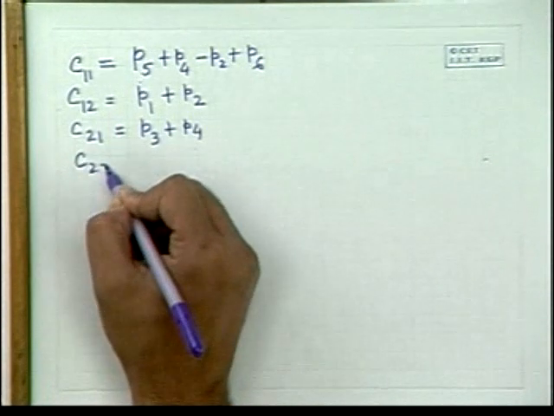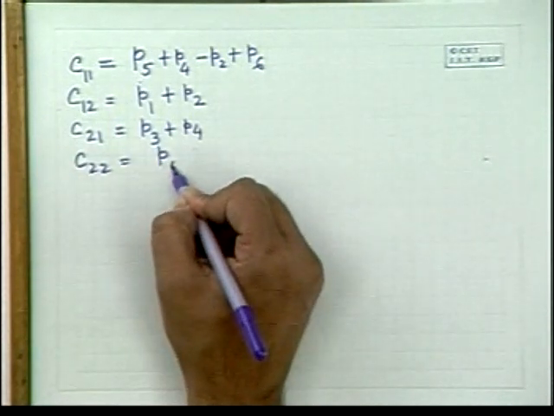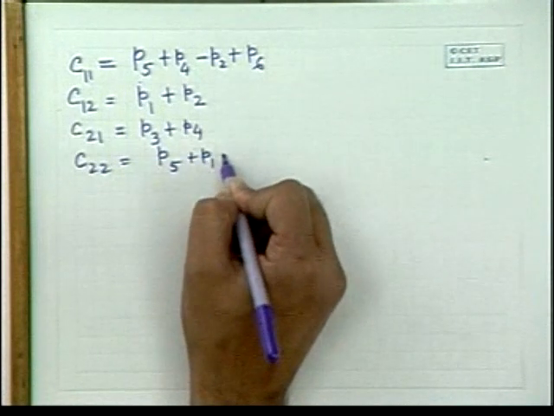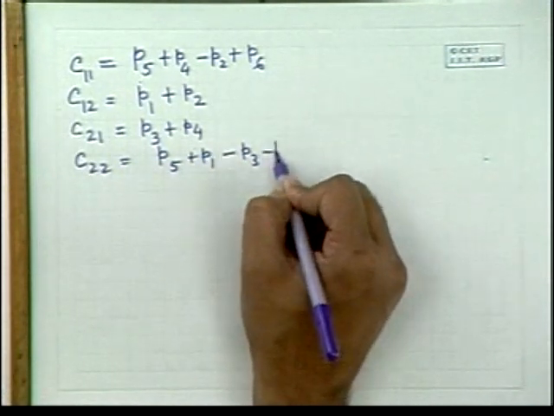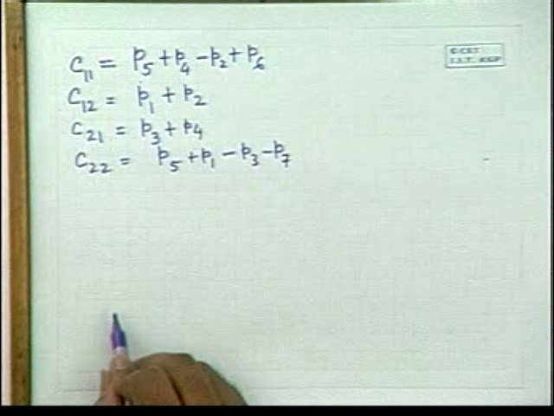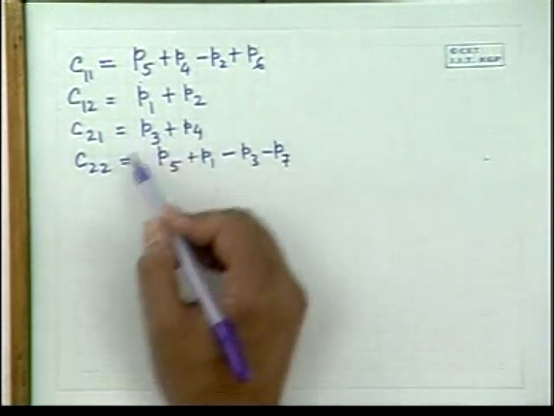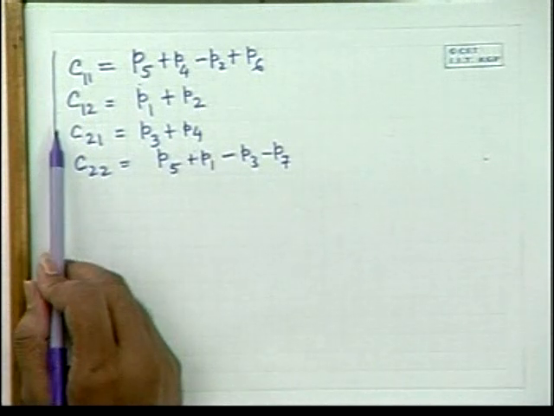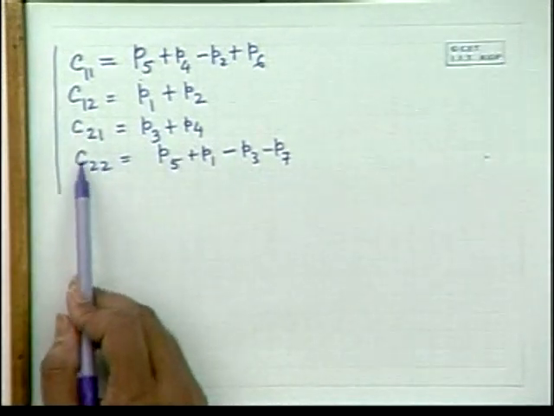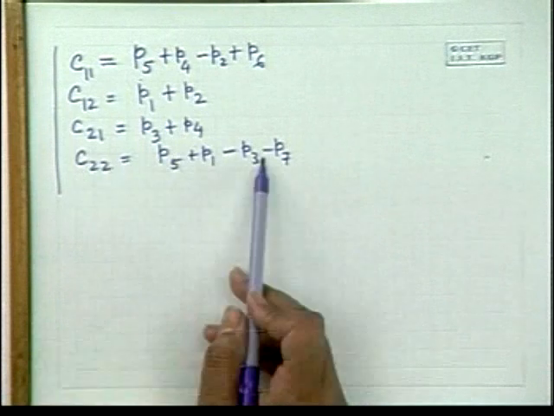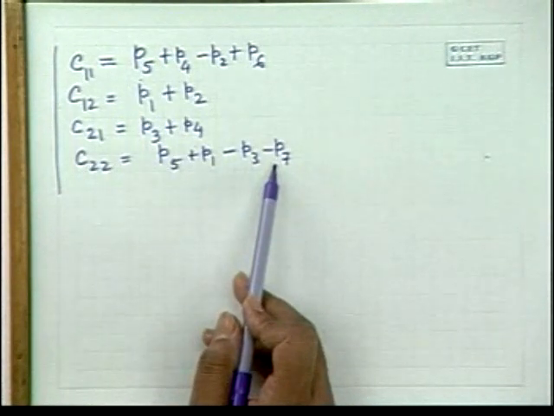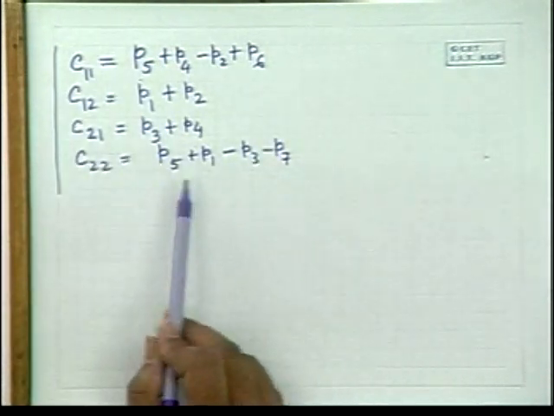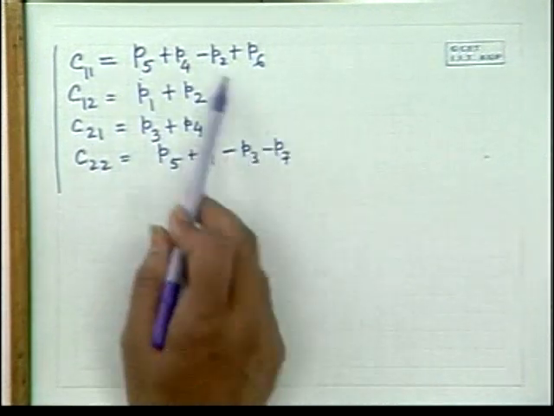Similarly, you will get C22 if you do P5 plus P1 minus P3 minus P7. So this is telling us that all the elements of C, C11, C12, C21 up to C22, you can get from the Pi's up to 7 by these equations, and these equations are only additions.